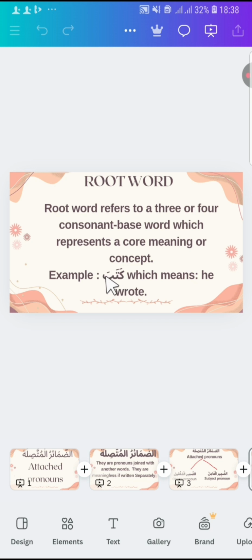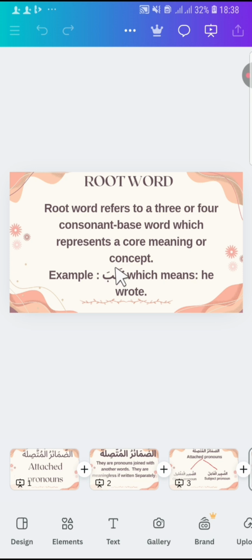It is always fi'l madi, the past tense. And when it carries fatha, it always refers to the masculine. So kataba, he wrote; jalasa, he sat; fataha, he opened; nadara, he looked; and others.